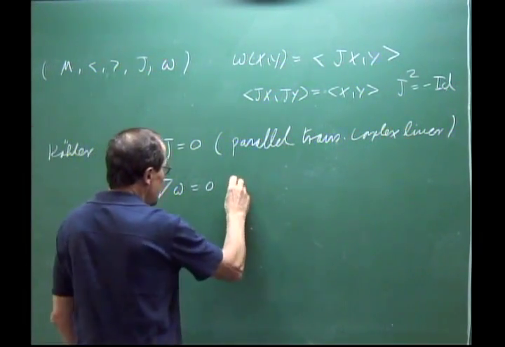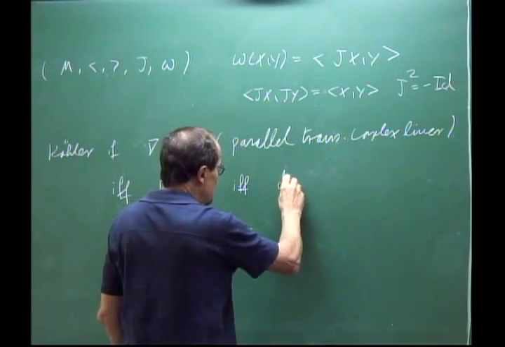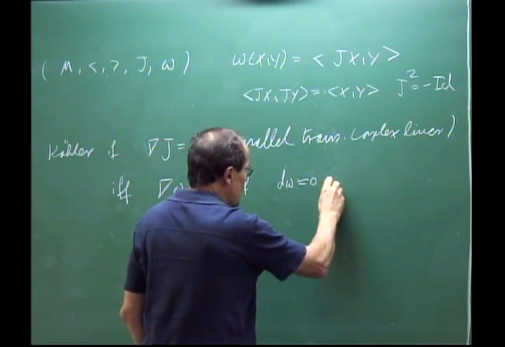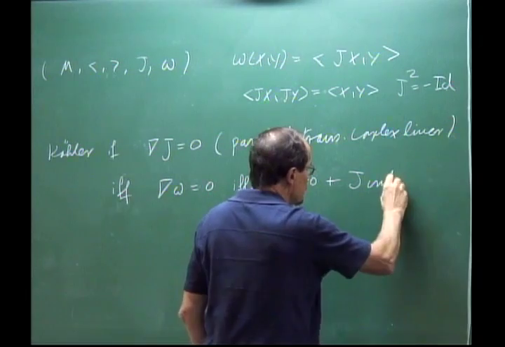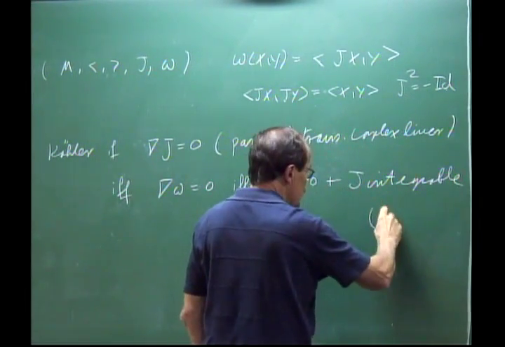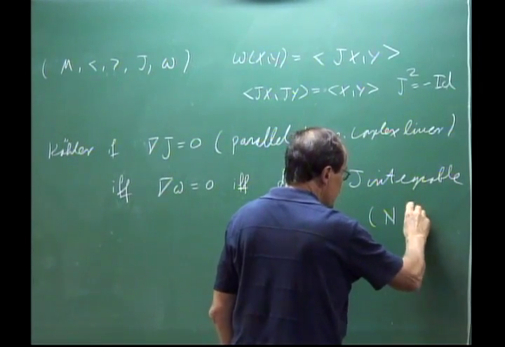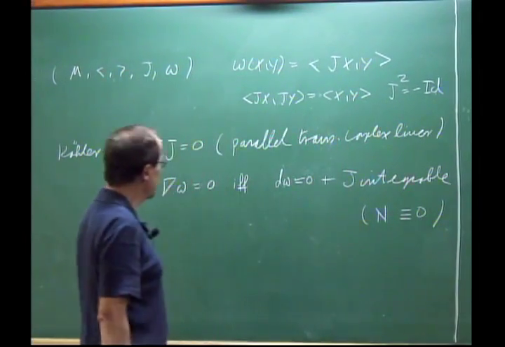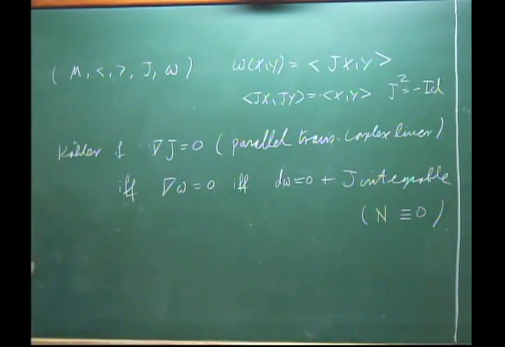And this was if and only if the Kähler form is closed, plus J is integrable. Which, remember, meant that a certain tensor N identically vanishes, the Nijenhuis tensor. Okay. So all these things were a way of saying something is Kähler.